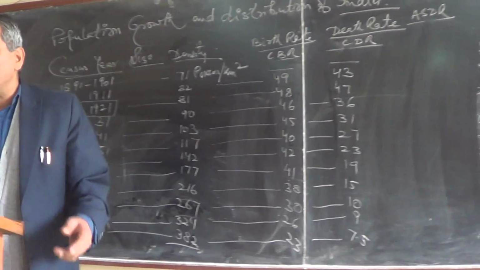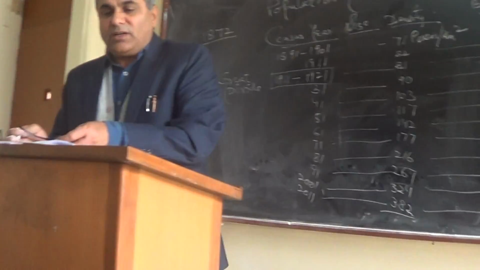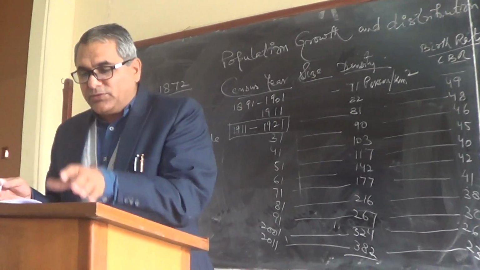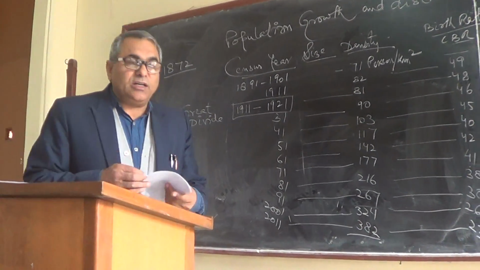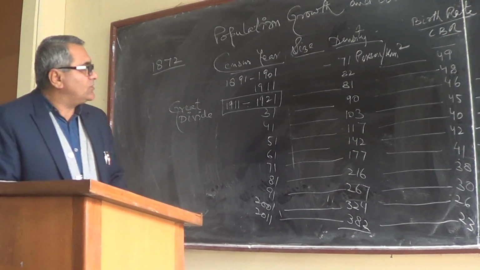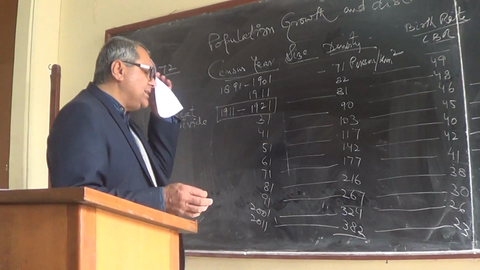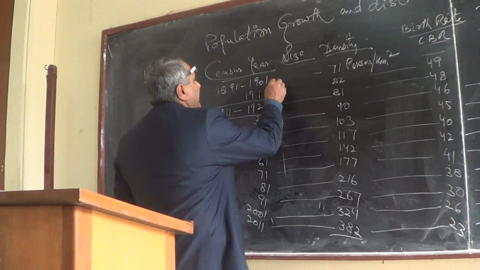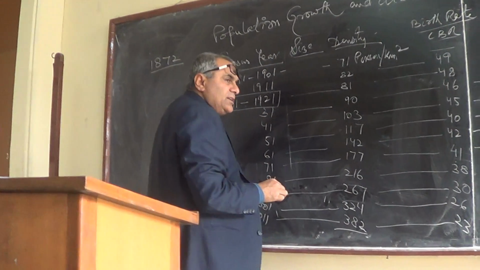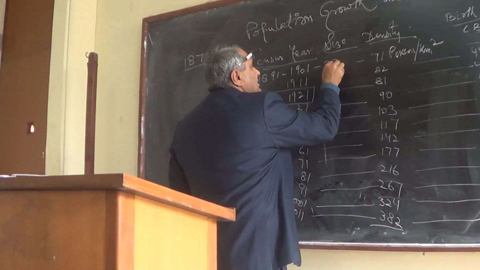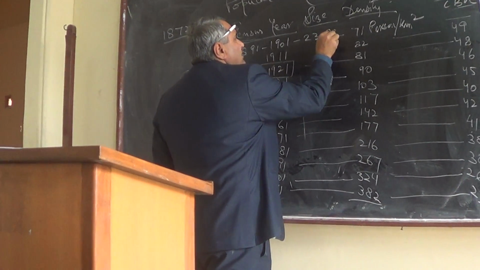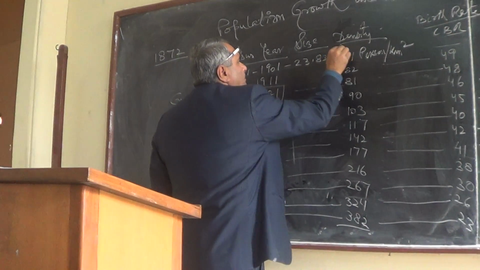Now on the basis of this, I gave you the absolute figure of the population, the absolute size of the population. क्या आप मुझे बता सकते हैं? What was the population of India during 1901? 23.83. This is in crore.